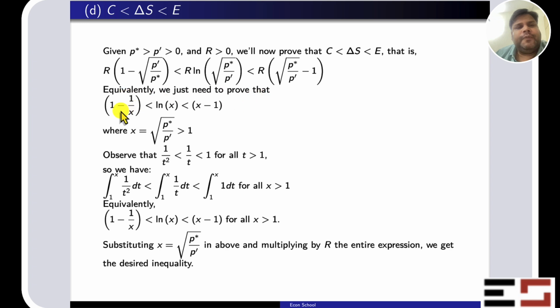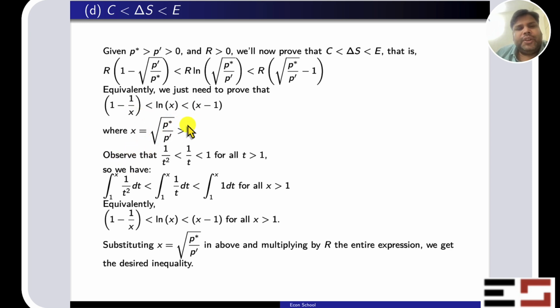So we just need to prove this, where x equals root p star by p prime, and that's greater than 1 because p star is greater than p prime. So we just have to prove that this inequality holds for x greater than 1. If we can show that it holds for every x greater than 1, then we are done. Okay, so let's prove this.